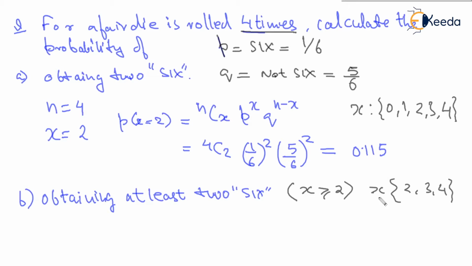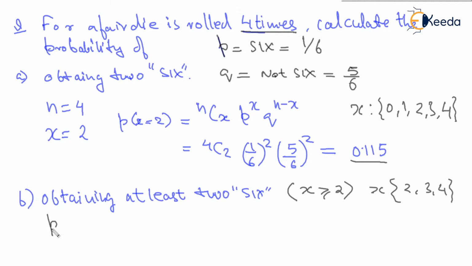So we'll have to find the probability of x equal to 2, x equal to 3, and x equal to 4. So we'll have to calculate 3 terms, out of which one we have already calculated. Otherwise, we can do one more thing.